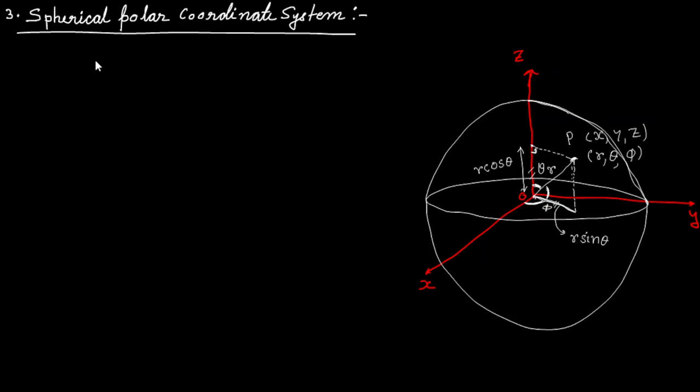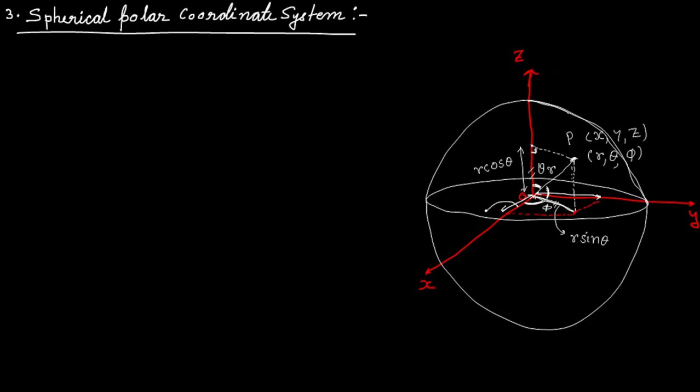If we draw a perpendicular from this point onto the x-axis and onto the y-axis, these two lengths, origin to this point, and on the y-axis this point to this point, will be the projection of R on the x-axis and y-axis.